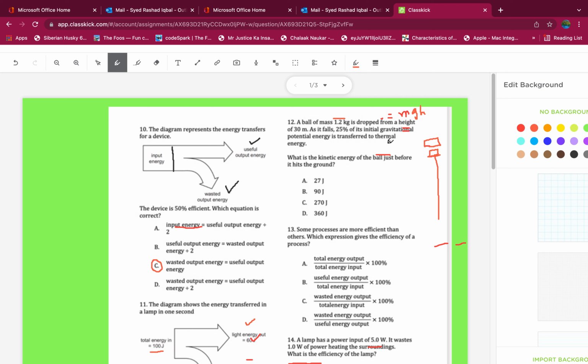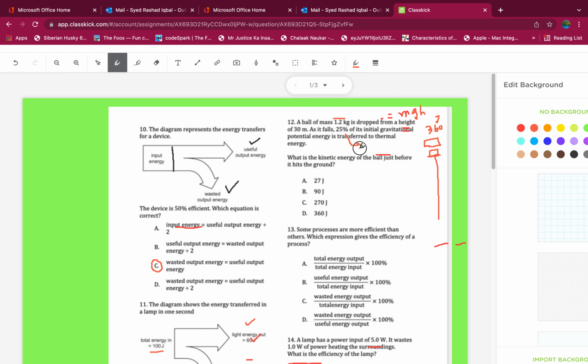Whenever you calculate it, the total potential energy at this height using this equation will be 360 joule. He said that 25% of the initial gravitational potential energy is transferred to thermal, so 25% is wasted. 25% of 360 will be 90 joule.